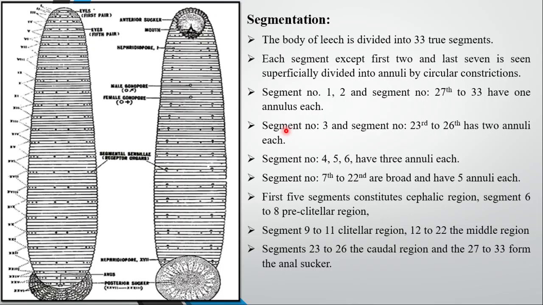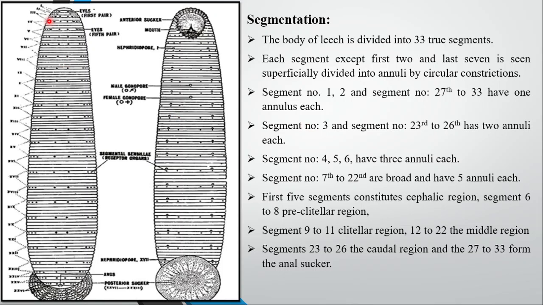Now let's see segment number 3. See here in the diagram on the left side, total segments 1 to 33 are numbered. The first anterior is number one, and so on, and the last one is 33.